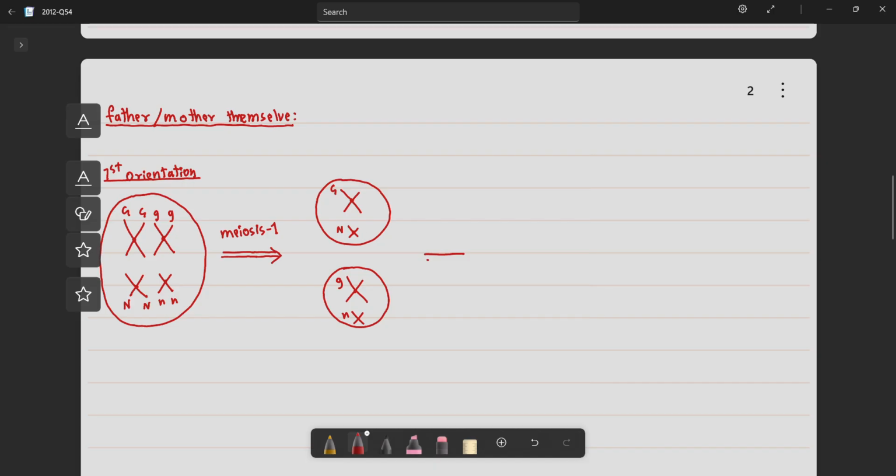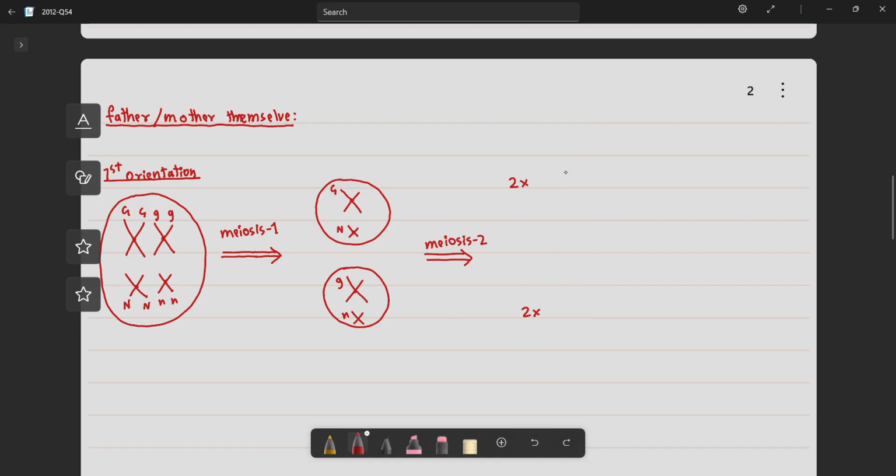Now each of these daughter cells undergoes meiosis 2. When it undergoes meiosis 2, it will produce two gametes. So keep in mind that each of them produces two gametes, which is fairly simple to know. I'll have one chromosome like this.